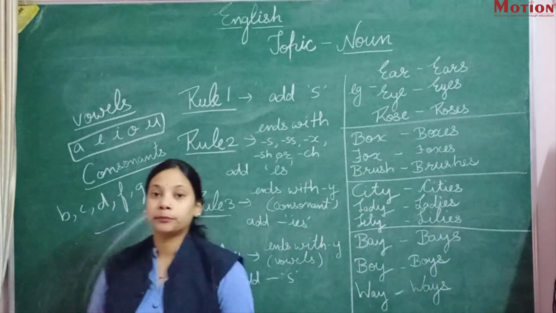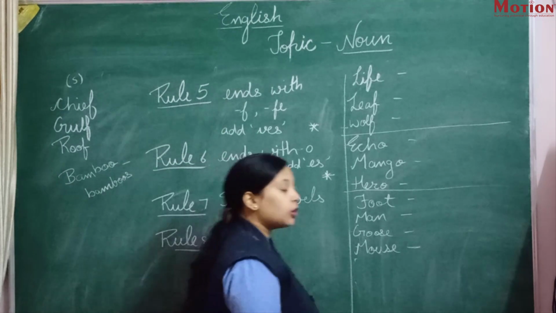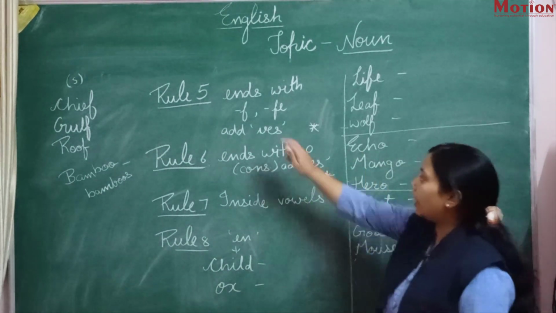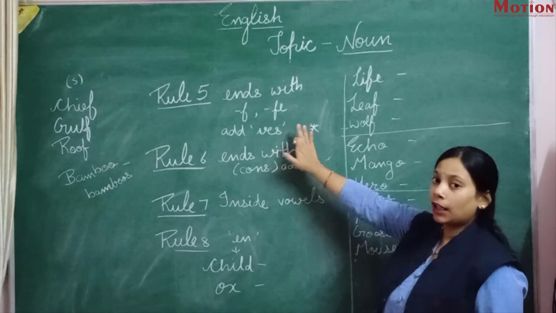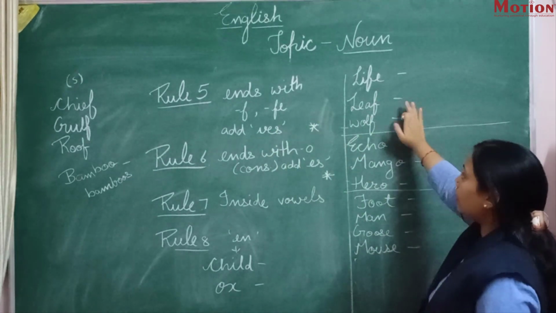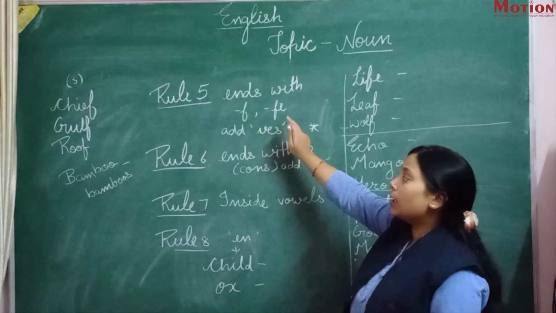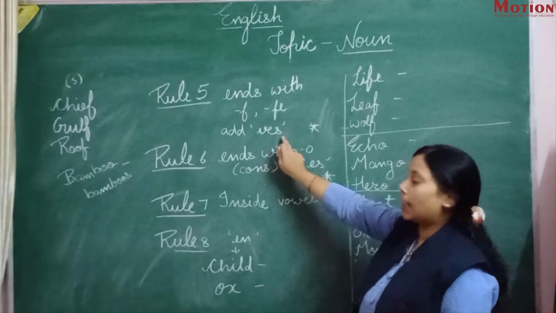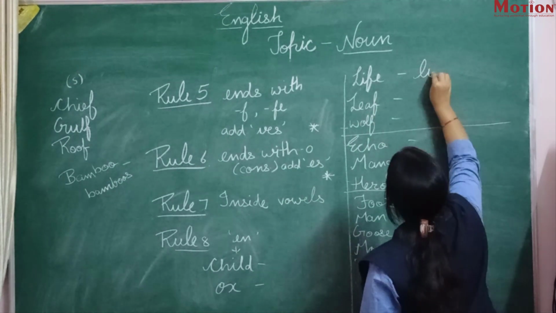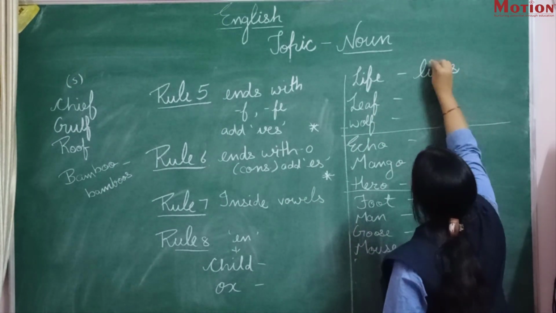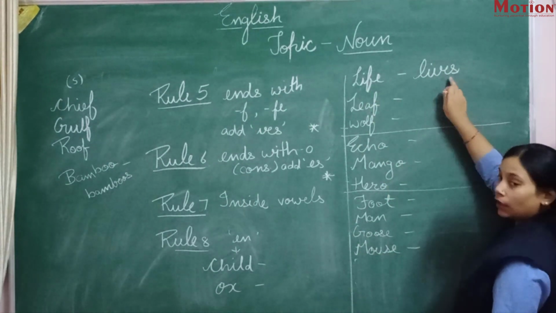The next rule number 5. If any noun ends with f or fe, then we will add ves as a suffix after the noun. Example, life. We will remove the f or fe, then we use ves.